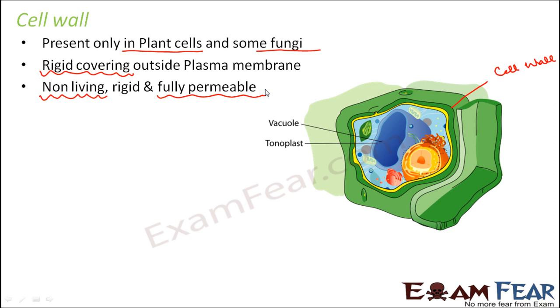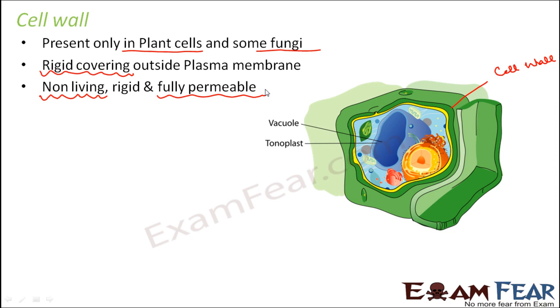So, by looking at this property, what can you see about cell wall? Will cell wall ensure a lot of protection as far as movement of particles is concerned? No, because it will allow all the particles. But then what is the point of having a cell wall? Looking at the property again, you can see that the cell wall is very rigid. So it can provide a lot of structural and mechanical support because it is hard, tough and rigid. And that is also a reason why it is present only in plant cells and not in animal cells.